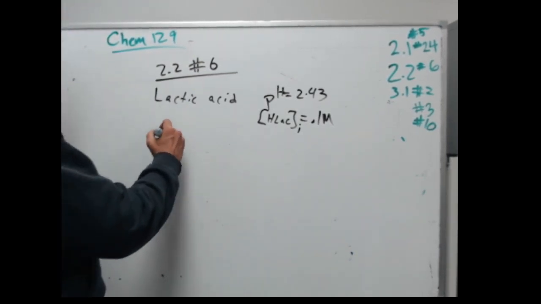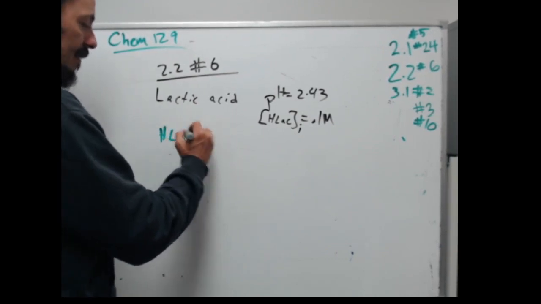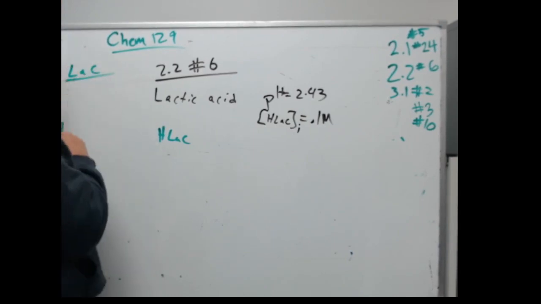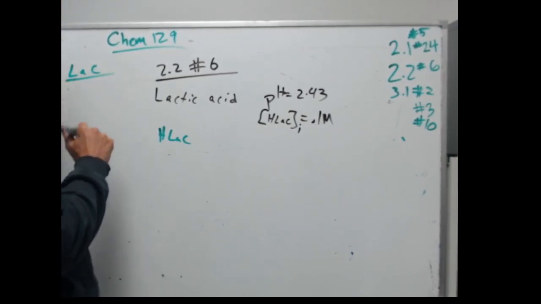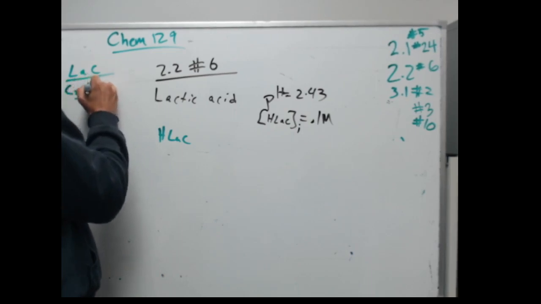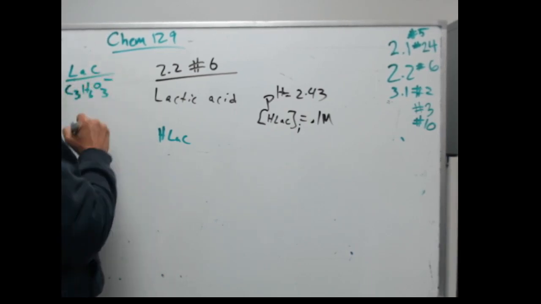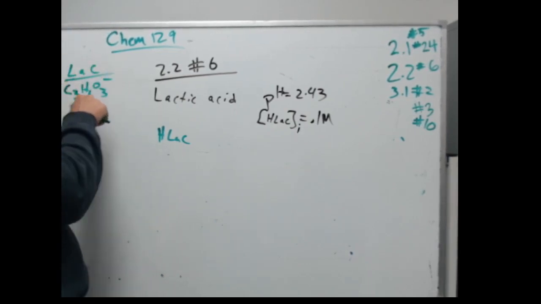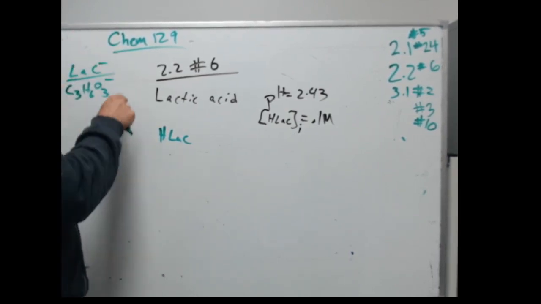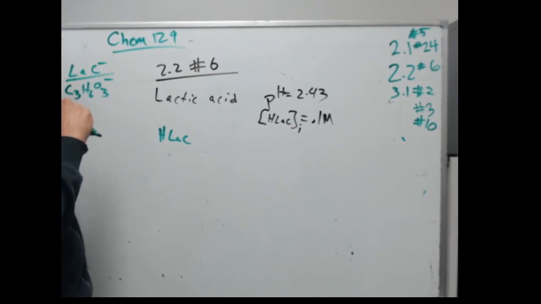I'm going to use a shortcut. I'm just going to call it H-lac. This is the lactate anion. What is the formula for lactic acid? C3H6O3. So when I put LAC minus, that's my lactate anion that I'm talking about.